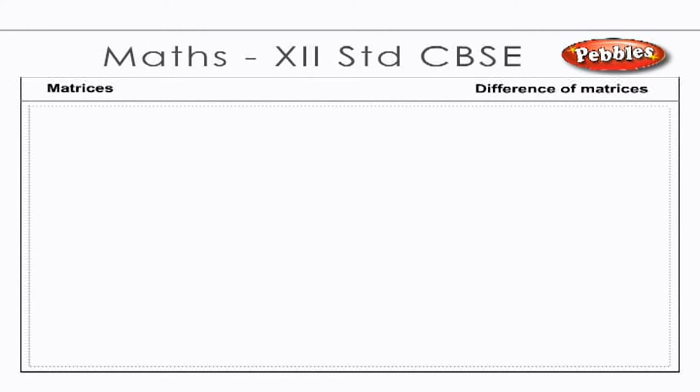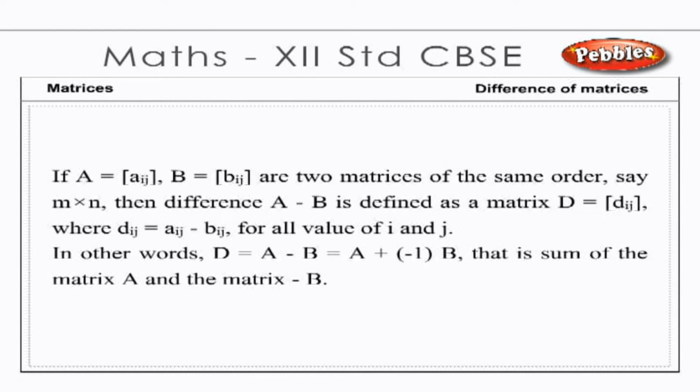Differences of matrices. If A = [Aij] and B = [Bij] are two matrices of the same order M cross N, then the difference A minus B is defined as a matrix D = [Dij], where Dij is equal to Aij minus Bij for all values of i and j.